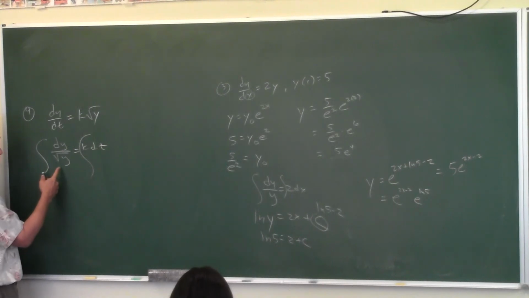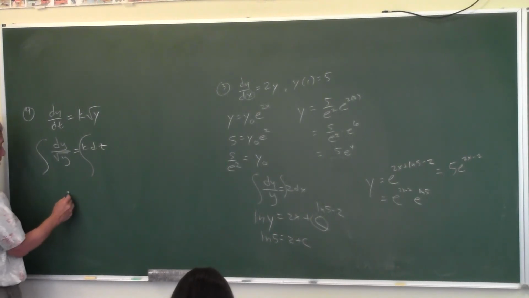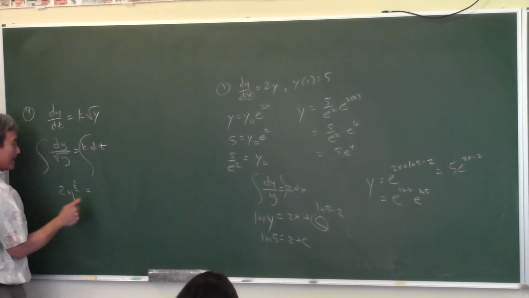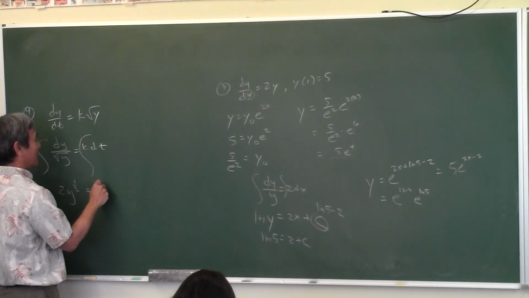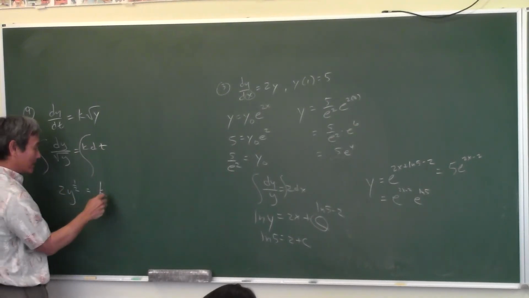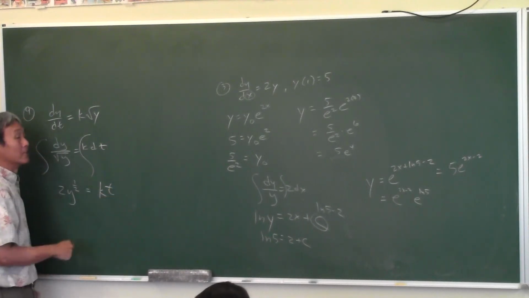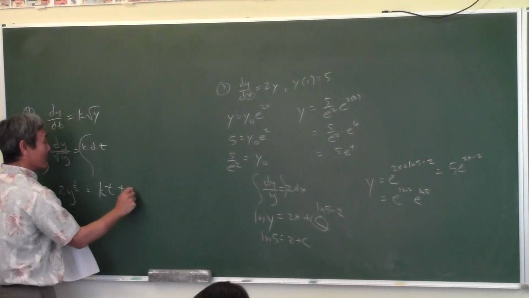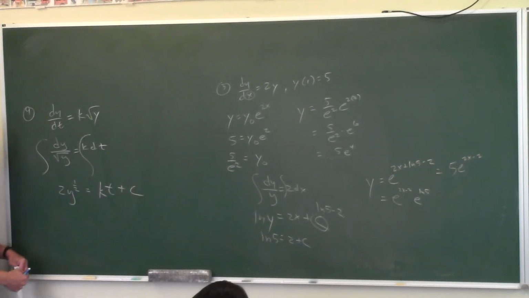This is like y to the negative half. Make the power one bigger, put the reciprocal in the front. K is a constant. You can put the k on the outside. What's the integral of 1 dt? t. And then you got the 2 plus c's, you mush them together into 1 plus c.